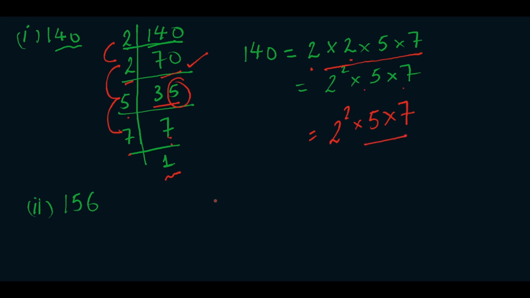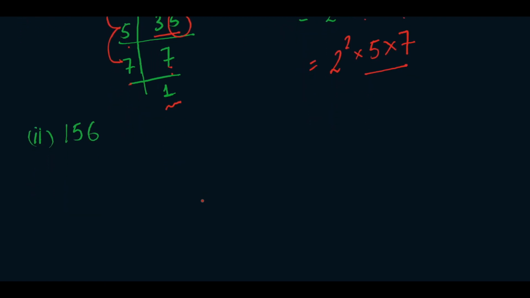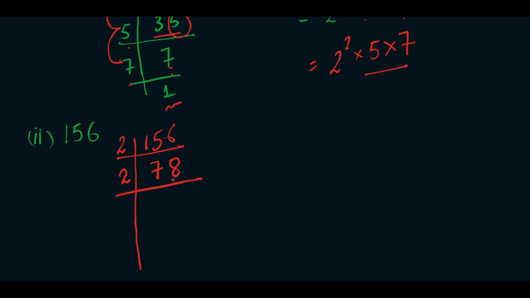Now we will do some more examples so that it gets clear to you. The second is 156. When you divide by 2, you get 78: 2 sevens are 14, 2 eights are 16. You again divide it by 2 because 8 is at the ones place, hence it is an even number.